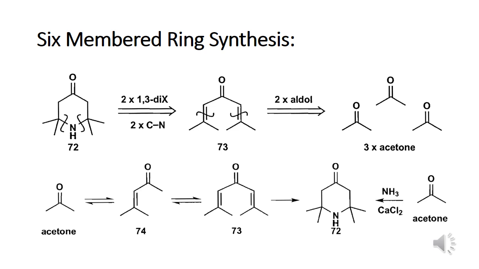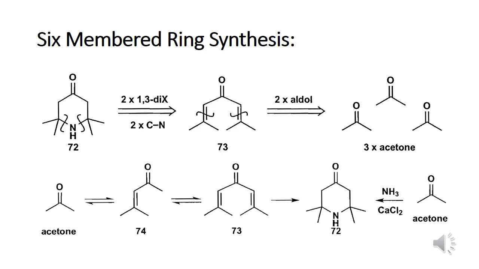We can presume that the acetone can dimerize and trimerize, but the incipient polymerization is nipped in the bud by the capture of one or more of these intermediates by ammonia and the formation of the stable six-membered heterocyclic ring, that is, the piperidone 72 structure is obtained.